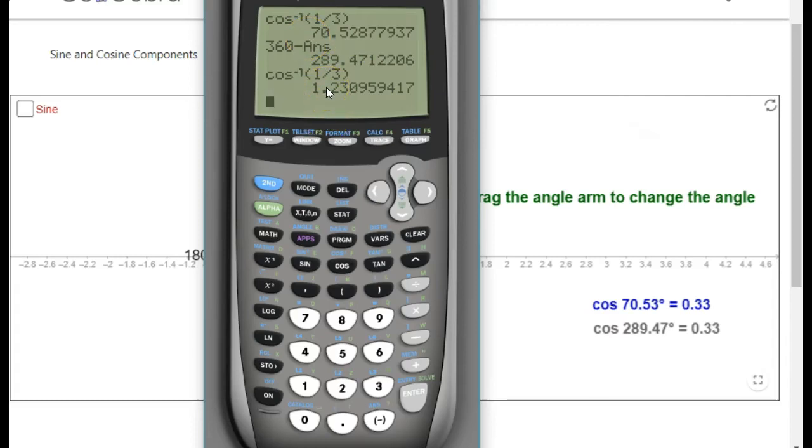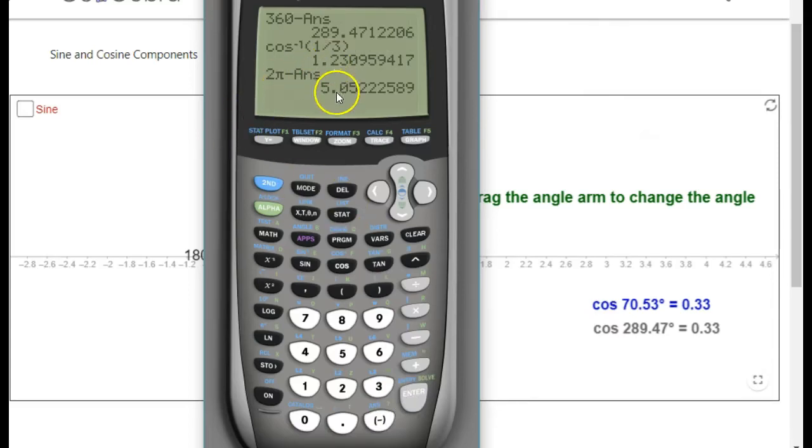Now to get the other angle, you're going to go 2 pi, minus that answer, second answer, and there's the other angle.